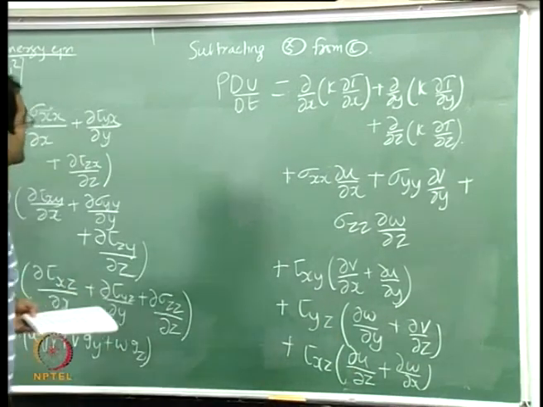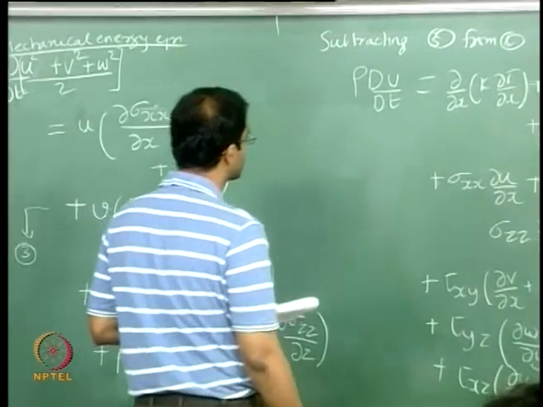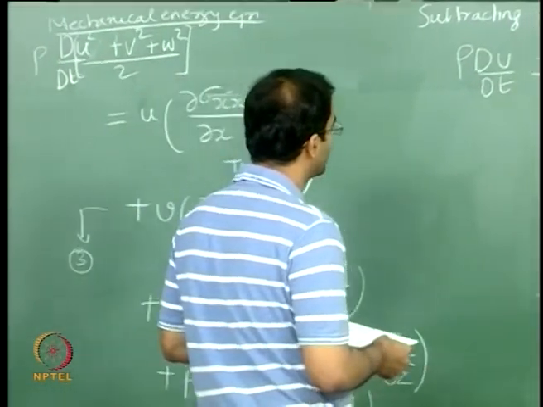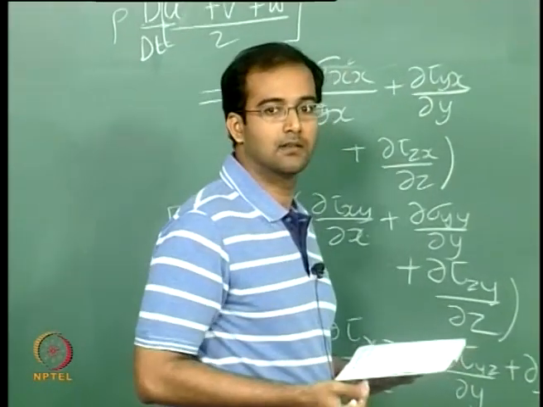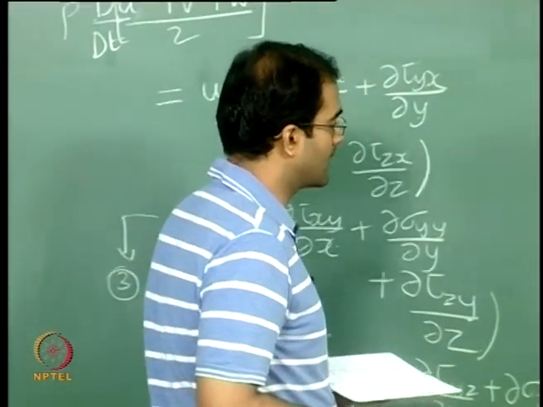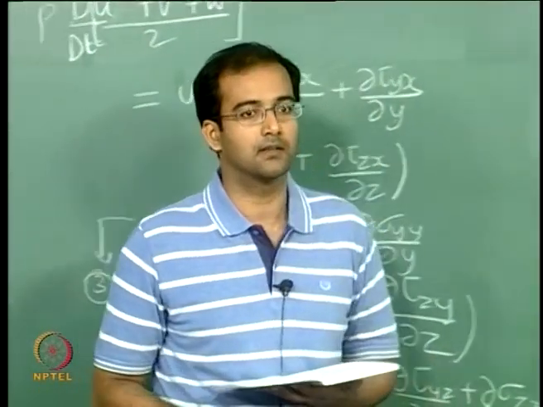So therefore you have another nice equation, which is still not simplified completely, but this is an equation for the conservation of the internal energy of that system. Alright, so how do we simplify this further?